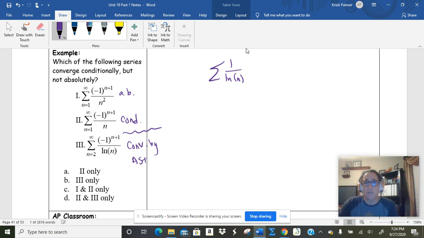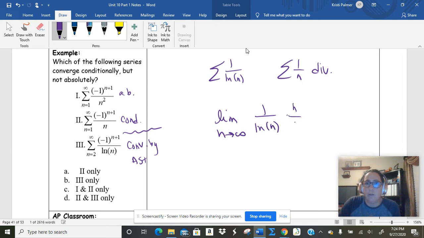Either way, I'm going to choose 1 over n. Okay, so 1 over n diverges. So here the limit as n goes to infinity. Let's see. Well, actually, I don't know if that one will work. So we're going to take the original. Oh, nope, that one's not going to be finite positive. That's going to go to infinity.